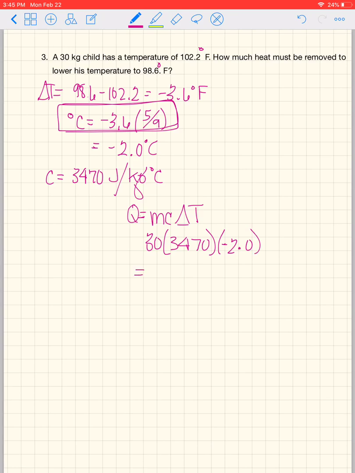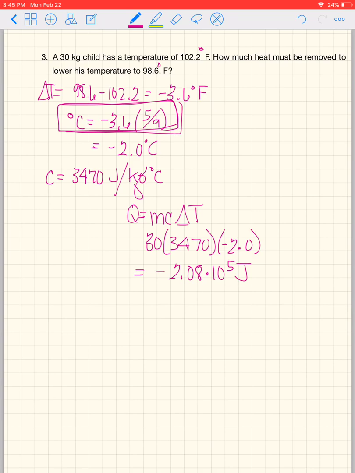My answer then is going to be a negative, which indicates I'm pulling heat out, not putting it in, 2.08 times 10 to the 5th joules. All right, that's the application of Q is equal to mc delta T.